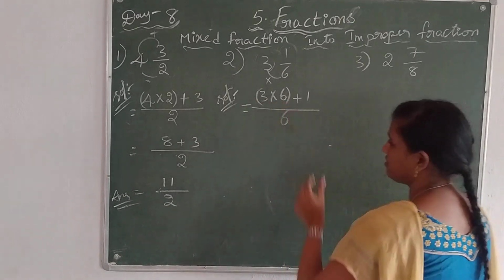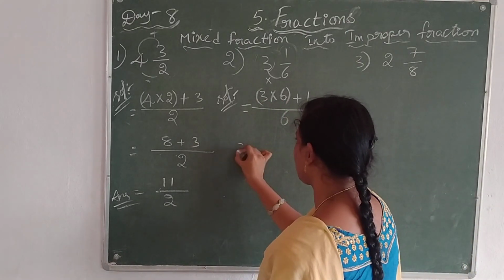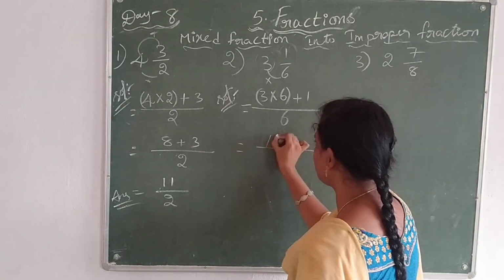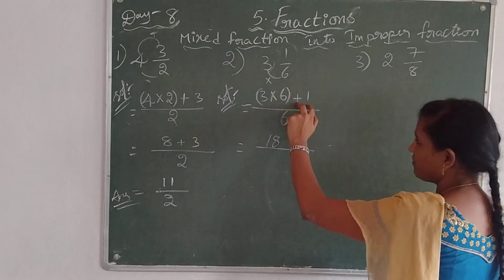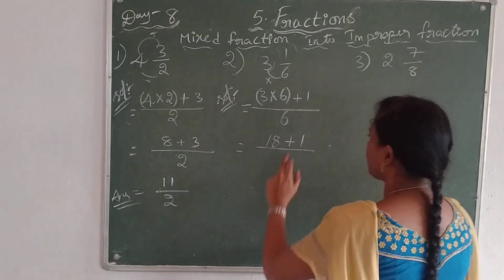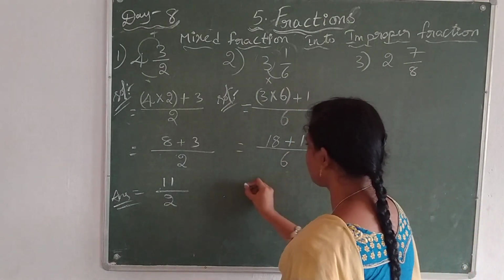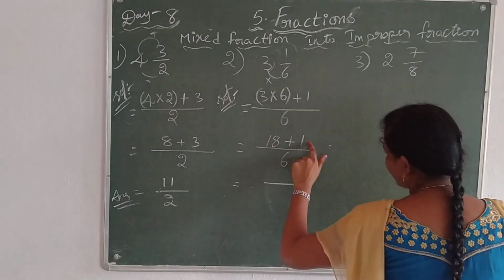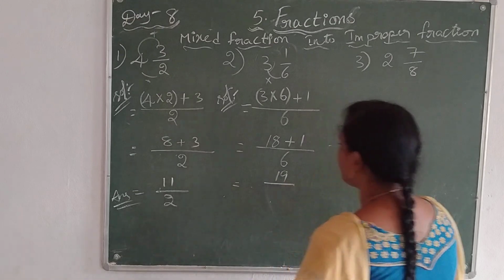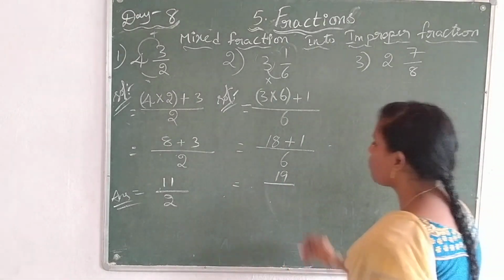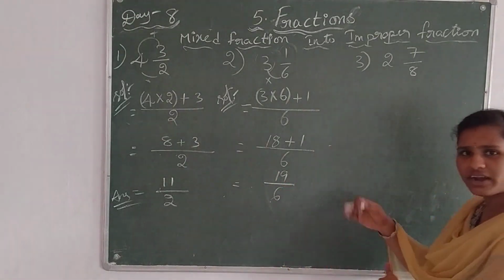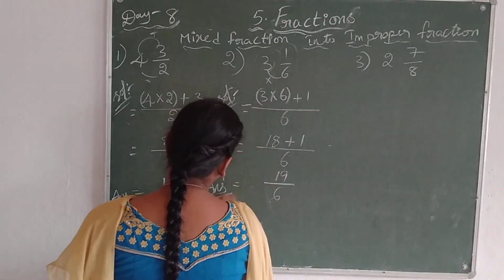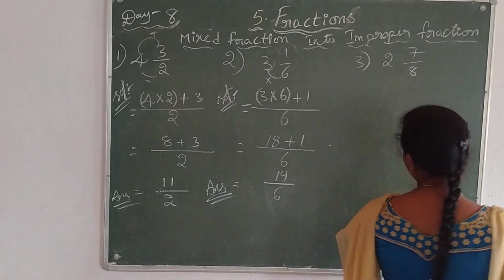Let's multiply these two numbers. 3 6s is 18 plus 1 by 6. 18 plus 1 is equal to 19. Over what number? 6. The denominator is common in all the places. So this is the answer of 3 1 by 6.